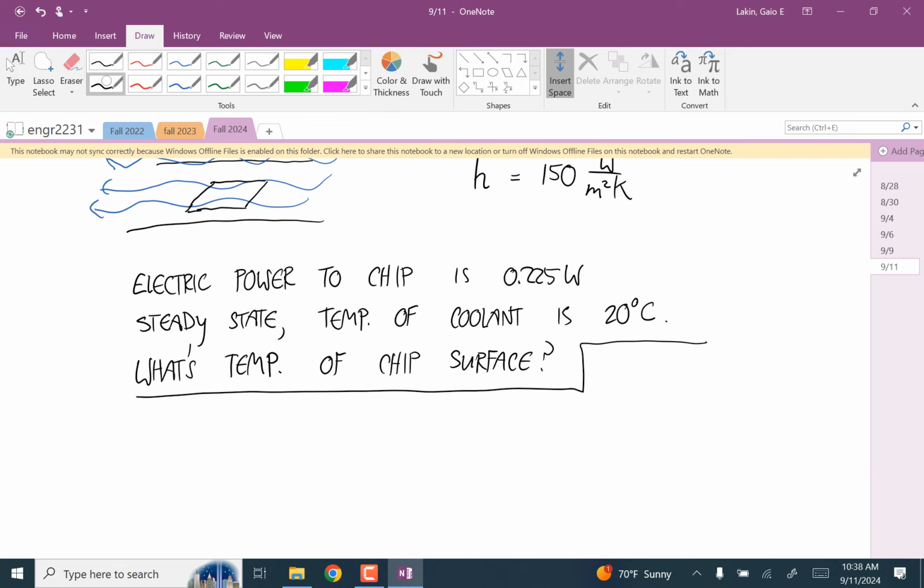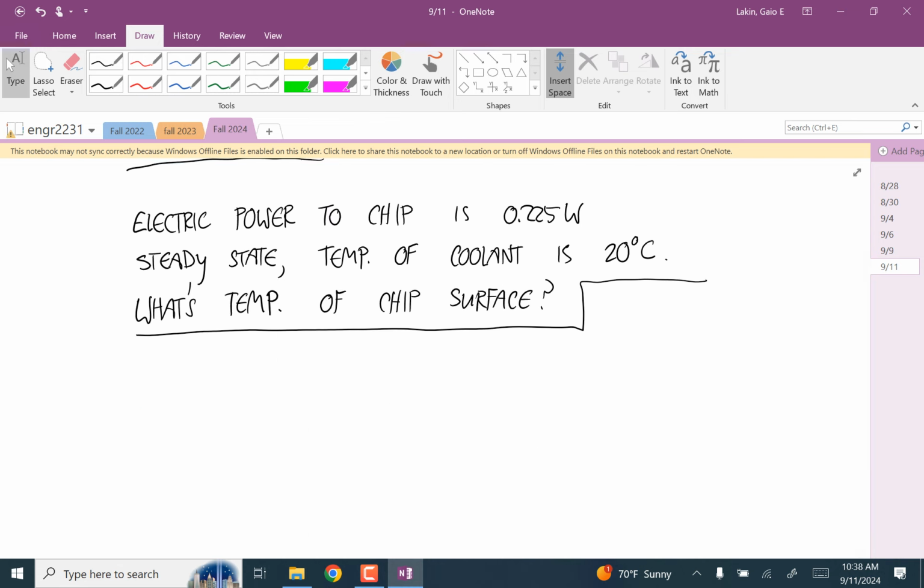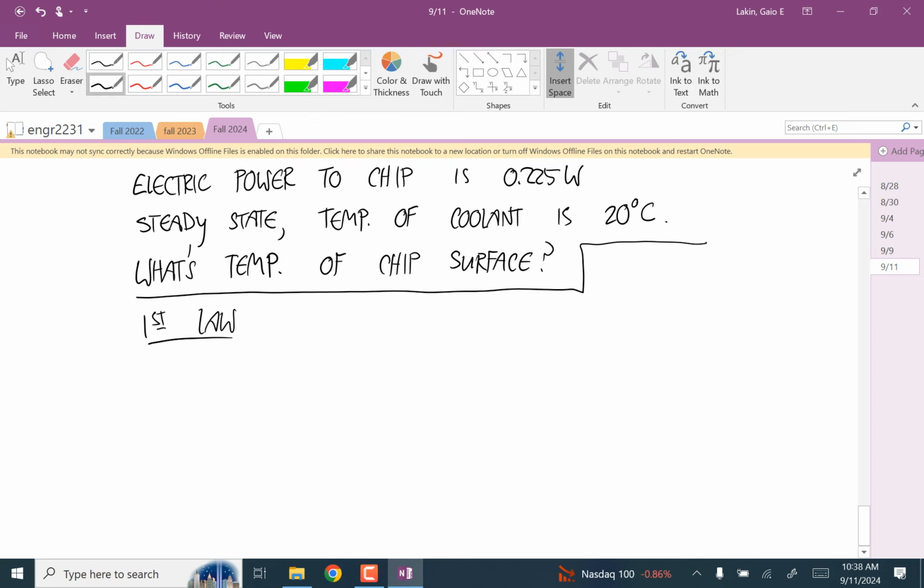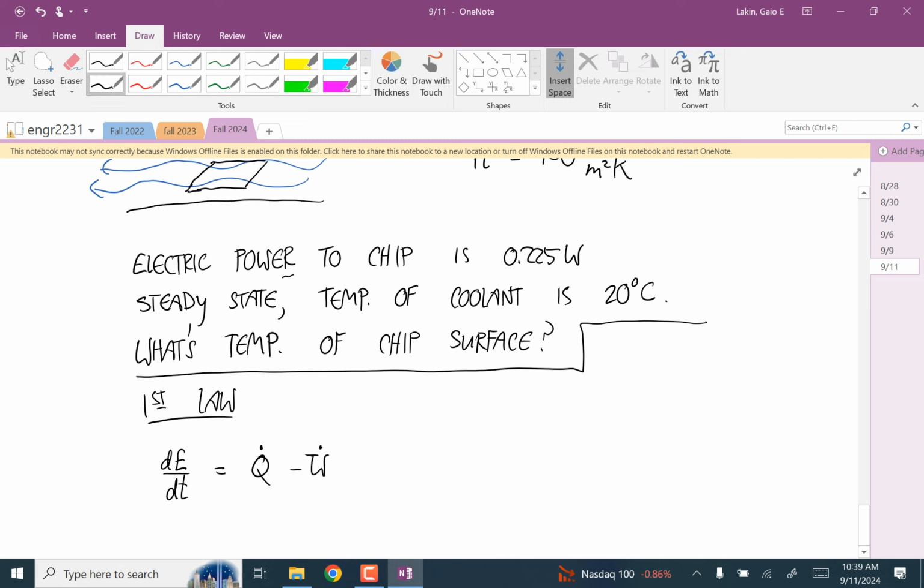Okay, so from the first law, we know that the EDT is equal to Q dot minus W dot. And electric power is always going to be represented by work. So let's figure out what that is. There is energy going into the chip from the electric power.